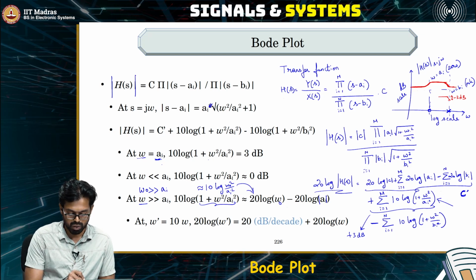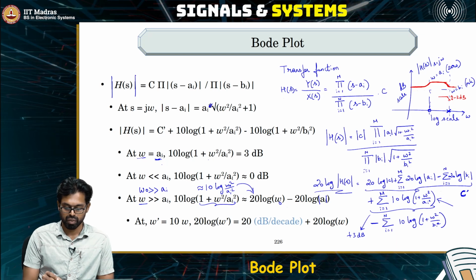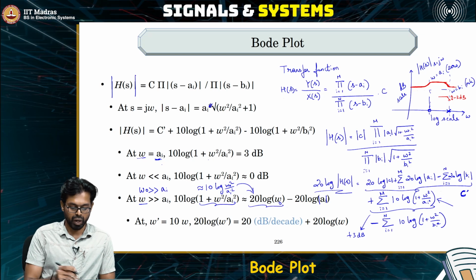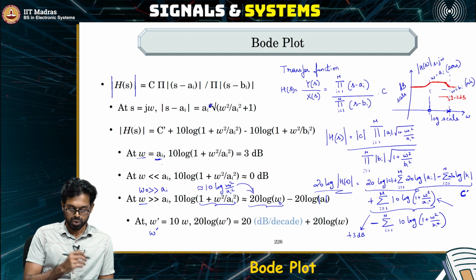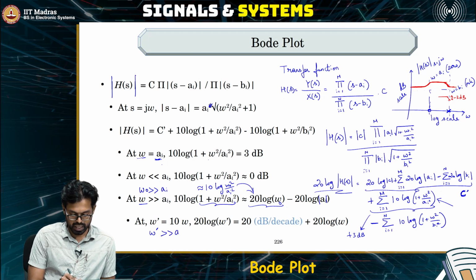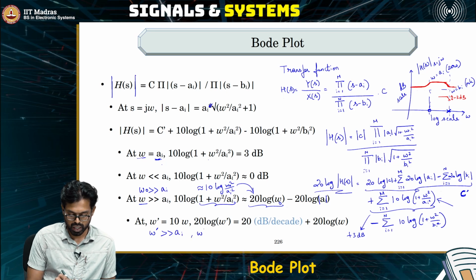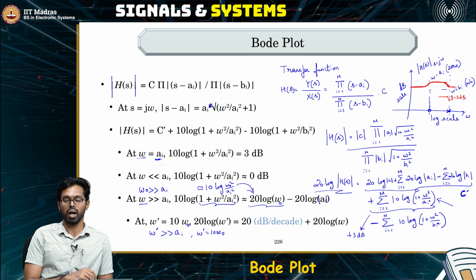We know that when omega naught is greater than, that is, away from the pole or zero, the transfer function is 20 log omega naught. Now let us pick another point. Let's call that point omega dash. That is also much greater than the pole or zero, but it is chosen such that omega dash is 10 times higher than omega naught.